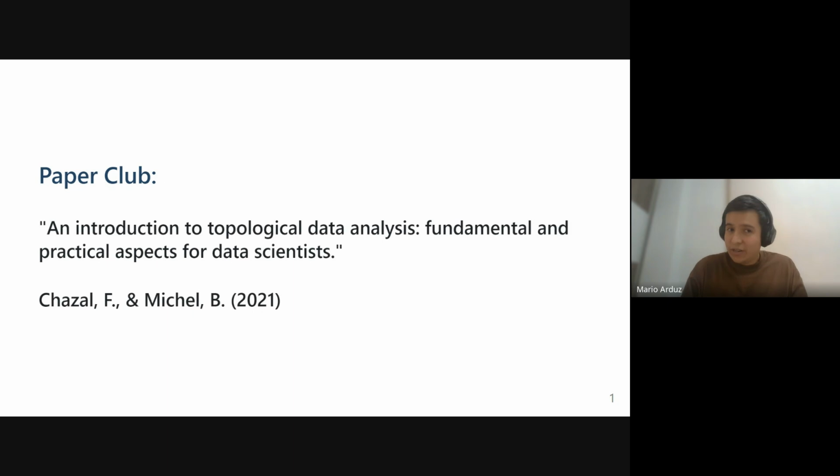My main motivation for choosing this paper is a question that I think all of us can relate to when we are working with any type of data: what information, what characteristics, what specific qualities does the data we are analyzing have, that we can perhaps use in some model or use to draw some conclusions?